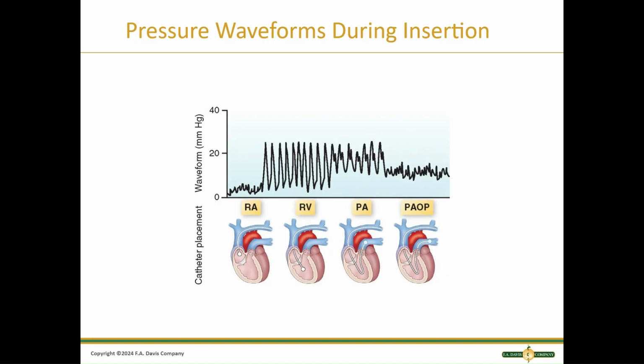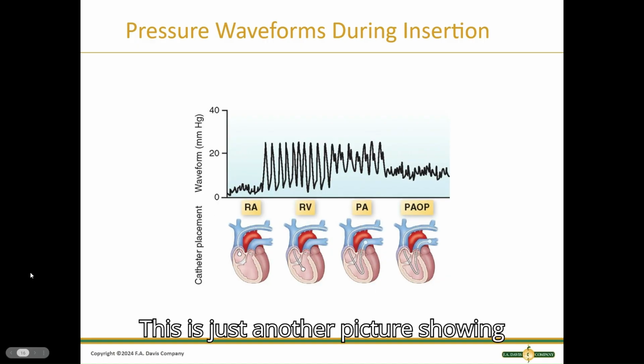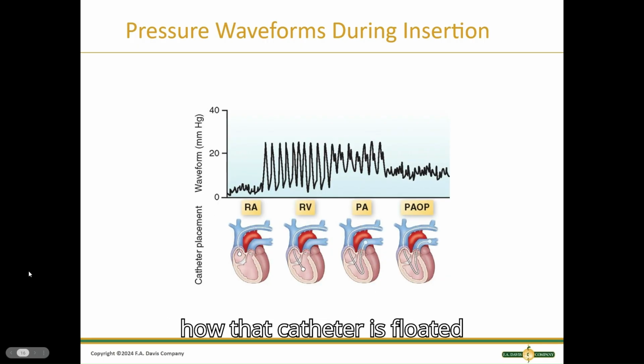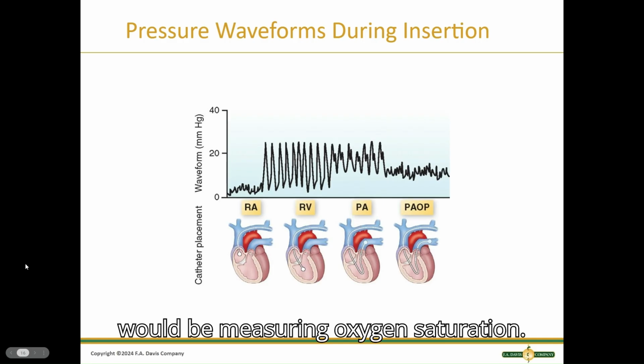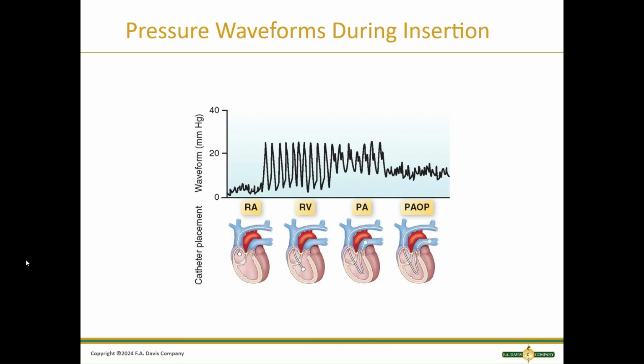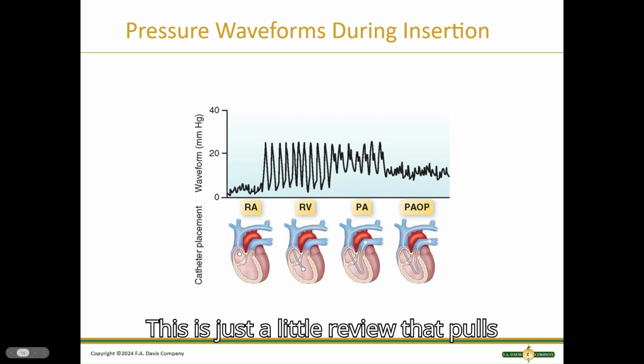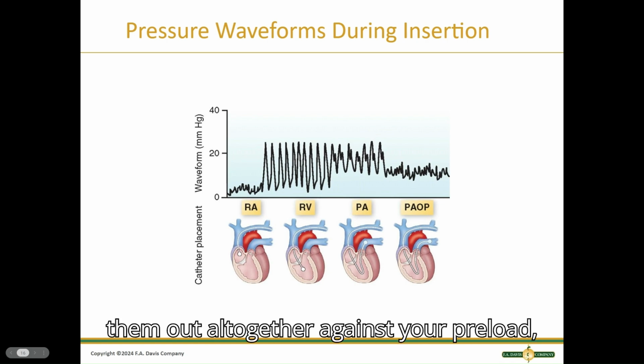As you get into the right ventricle, you see a different waveform that goes up. As you get into your pulmonary artery, that is your pulmonary artery pressure, and that range is typically anywhere between 25/10. And then as we blow that balloon up and we occlude that pulmonary artery, we have pressures that are anywhere between 8 and 12.